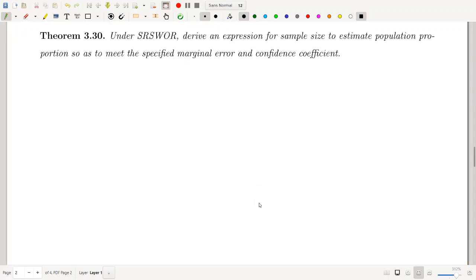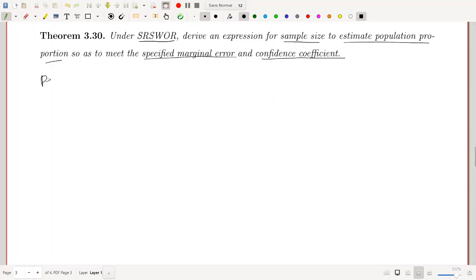Now consider the next theorem. Here the method is without replacement. Under SRSWOR, you want to find sample size: derive an expression for sample size when estimating a population proportion so as to meet the specified marginal error and confidence coefficient.